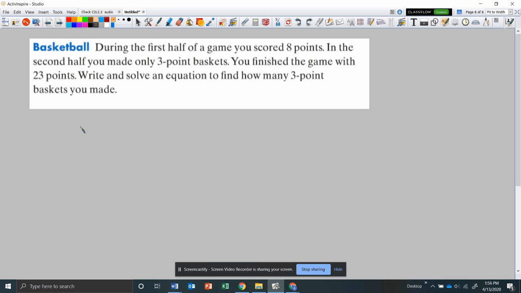Okay, so I need to know x equals the number of 3-point baskets that you made in the second half, I guess. Okay, so I know that if I take 3 and I multiply it by x, I'll find out my points from 3-point baskets.